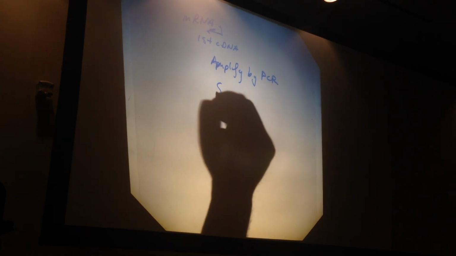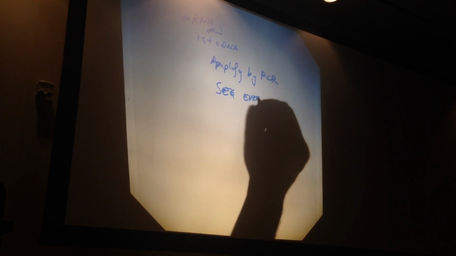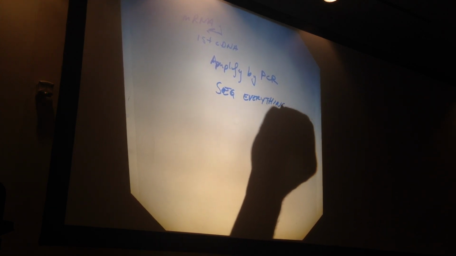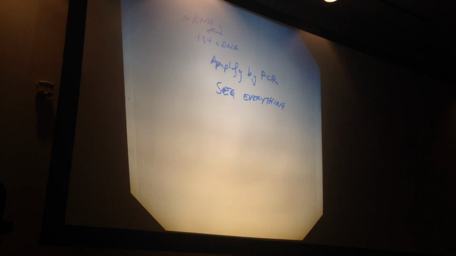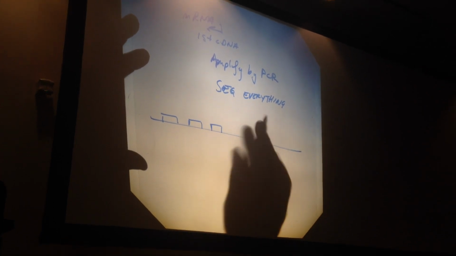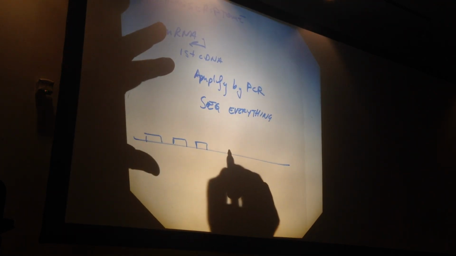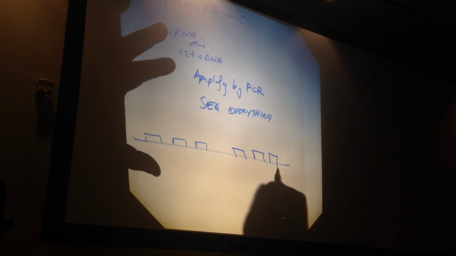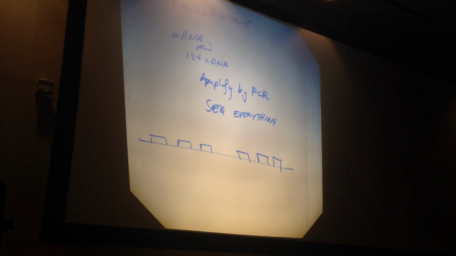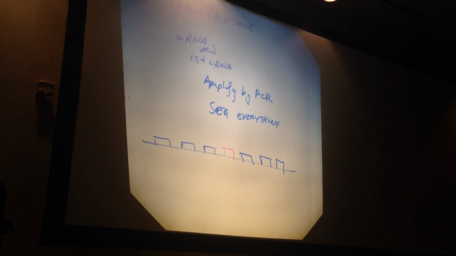And you just sequence everything. And what that looks like is, for now, let's go back to our 7 exon gene. So that's our 7 exon gene.